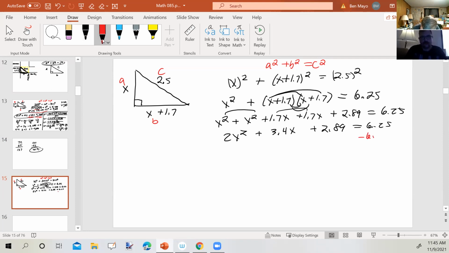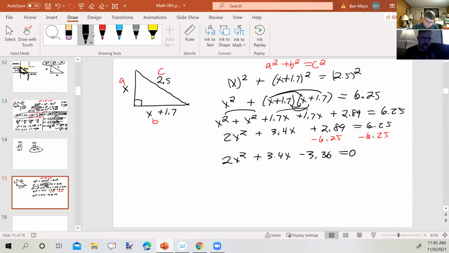We'll subtract 6.25 from both sides. 2x squared plus 3.4x minus, let's see here, if I take 2.89 minus 6.25, I get minus 3.36 equals 0.